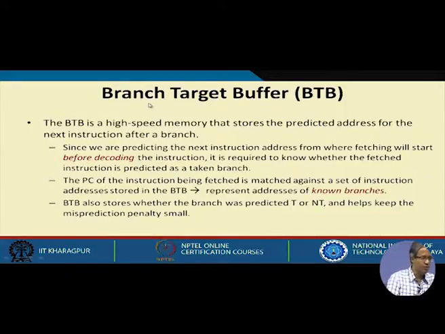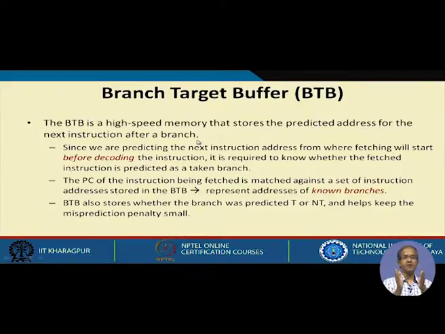So, we use something called a branch target buffer. BTB is a high speed memory. Let us look into this in some detail to explain how it works. It is a high speed memory, just like the earlier data structure we saw, the branch prediction buffer, that stores the predicted address for the next instruction after a branch.